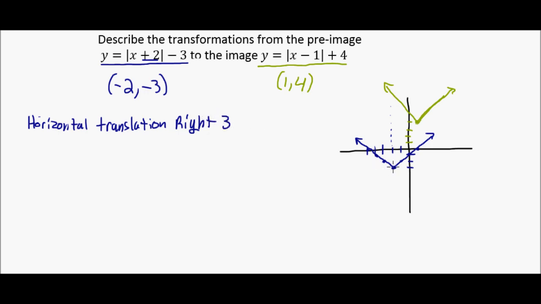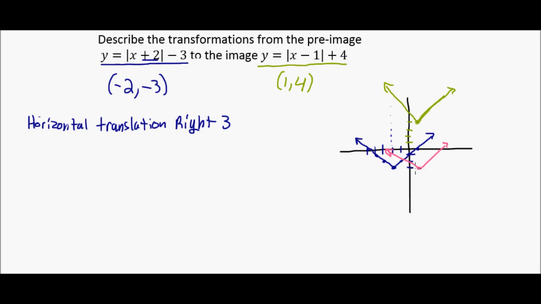So that moved this guy to the right 1, 2, 3, and it's right underneath this green guy here. So let's put what this translation, shifting it to the right 3, did right here, and it has the same width. So now I've shifted the blue one over to the right 3, it now looks like the red one.